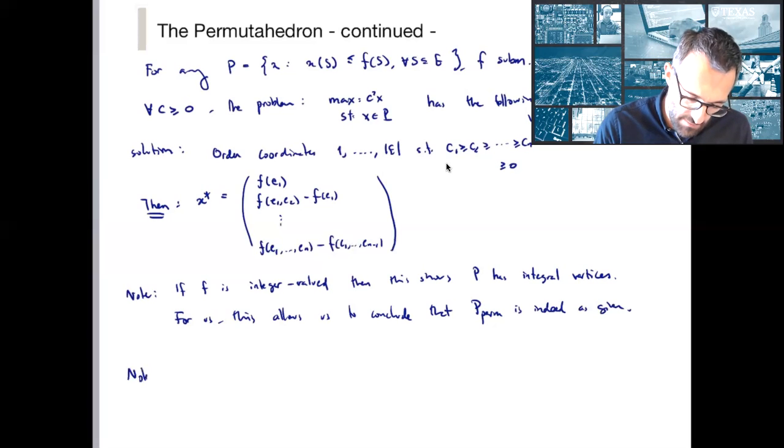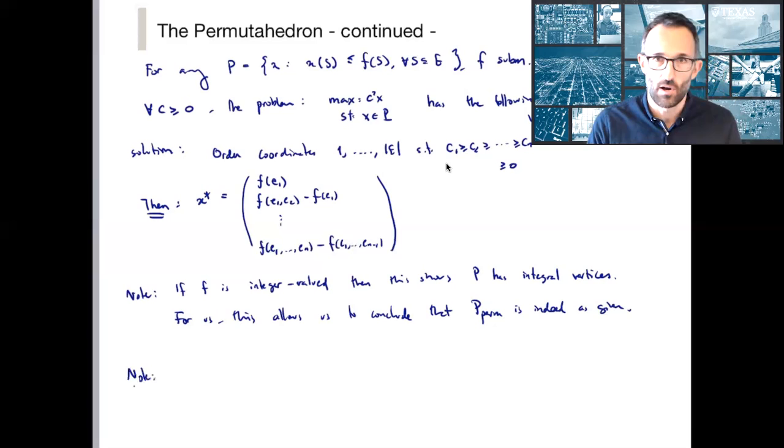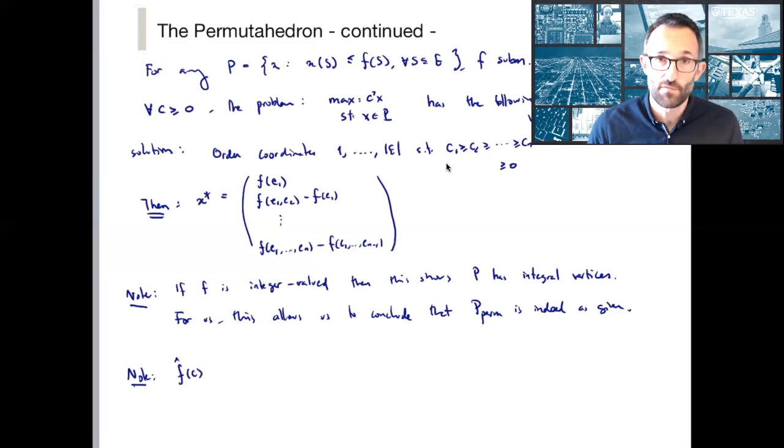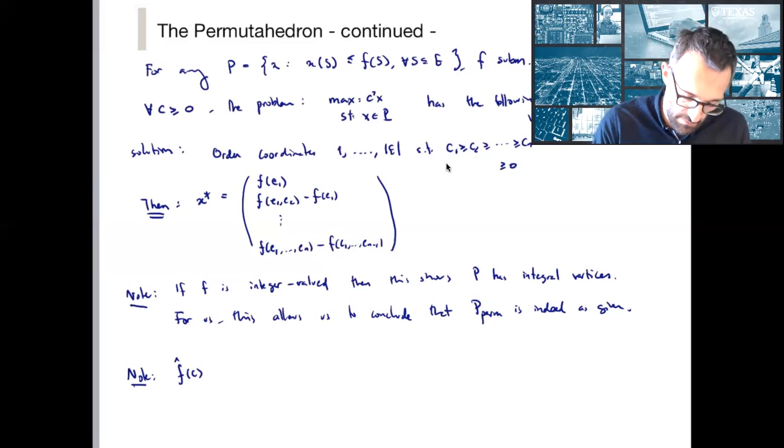A second note that may be of interest to us, given our previous lectures on submodular functions, is that let's think about this function, I'll call it f hat of c, which is the value of the solution to this LP.